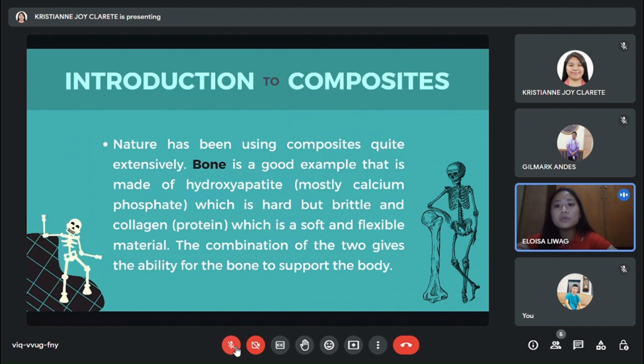The combination of the two gives the bone the ability to support the body. Hindi lang yung composite materials pang outdoor materials. Ito ay nag-exist din as natural composite for both animals and plants. Like yung wood, di ba, isa yung composite.